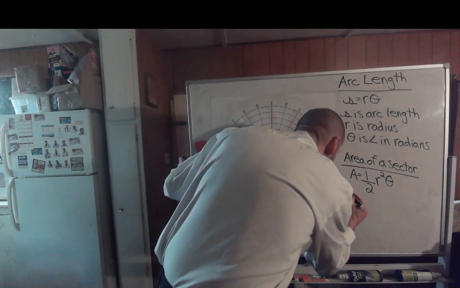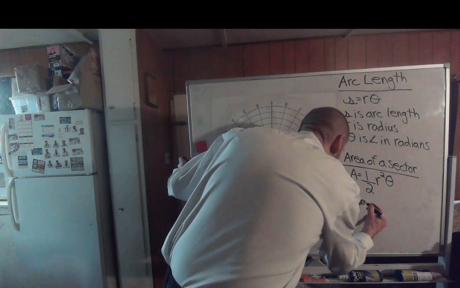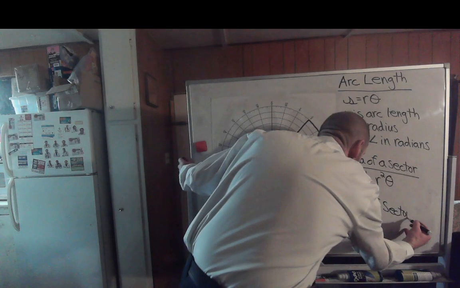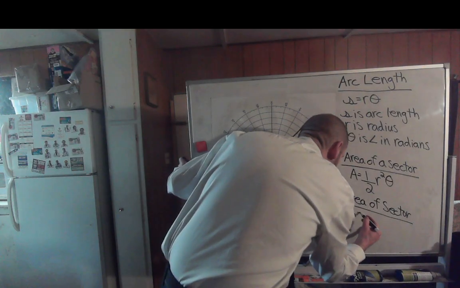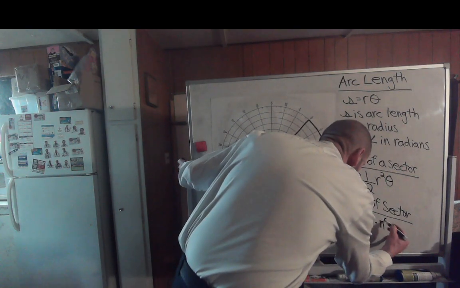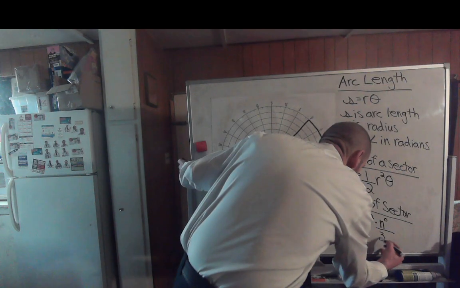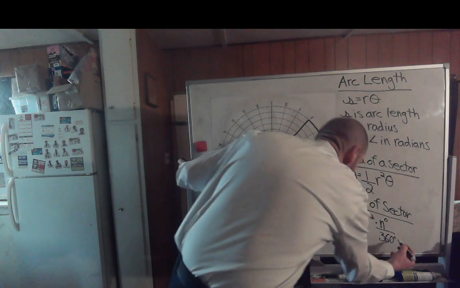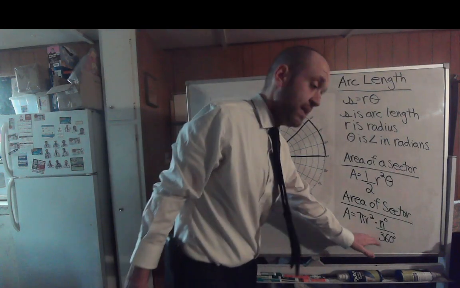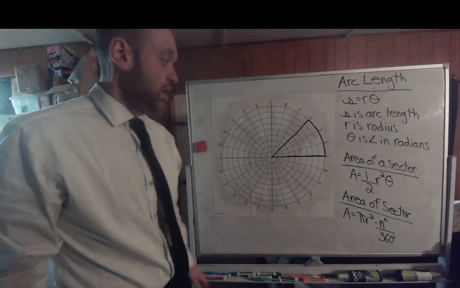And then likewise in geometry, we also have a formula for the area of a sector. The geometry formula for the area of a sector was the area equals pi r squared times the number of degrees all over 360 degrees. So that was based again on degrees.